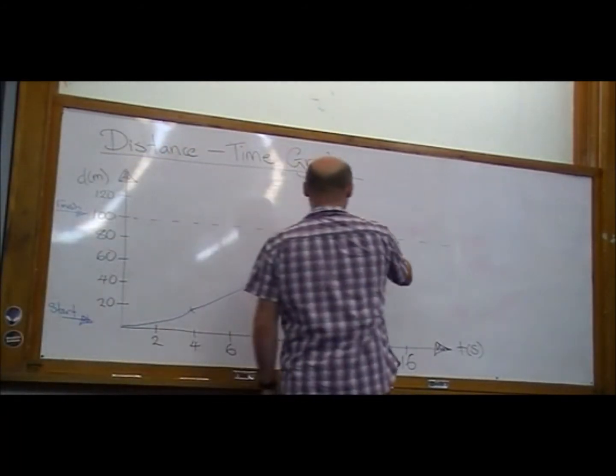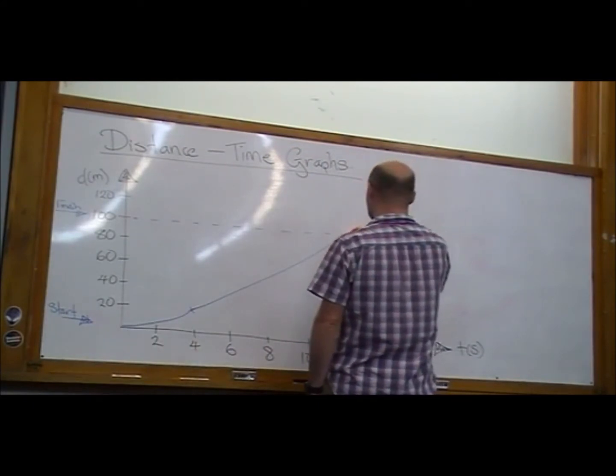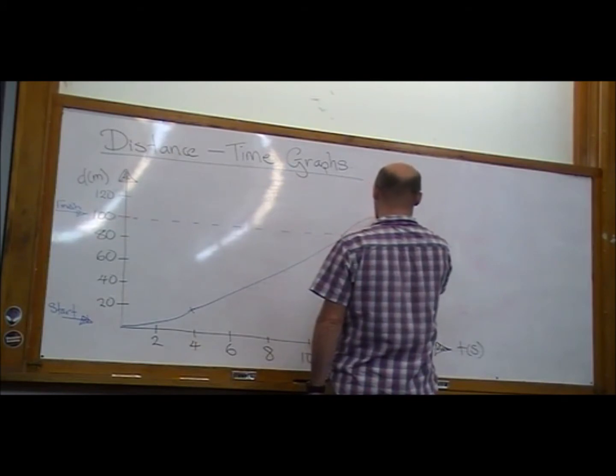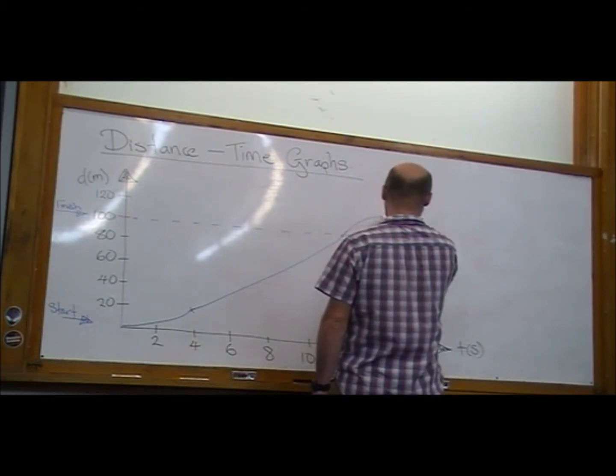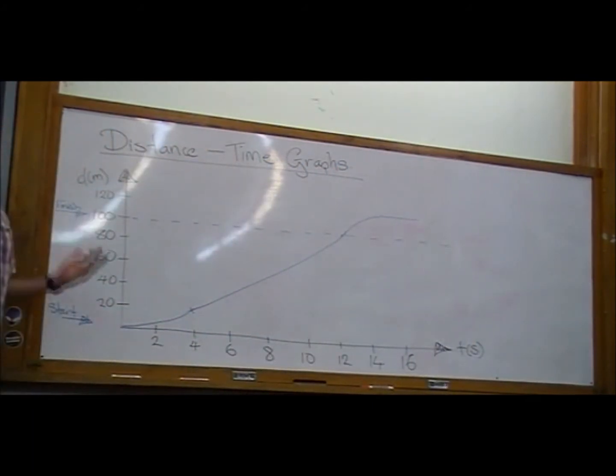By that stage, you know you've made it to the finish line, and so we can slow down gradually for a couple of seconds, and then relax, celebrate, stop, maybe lie on the ground.